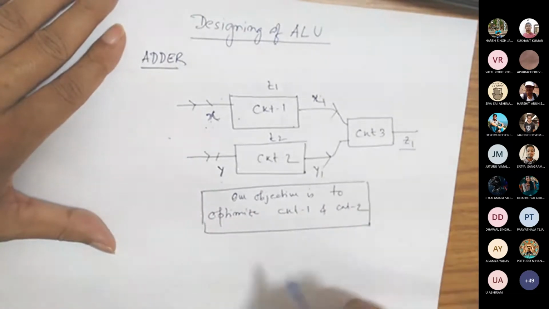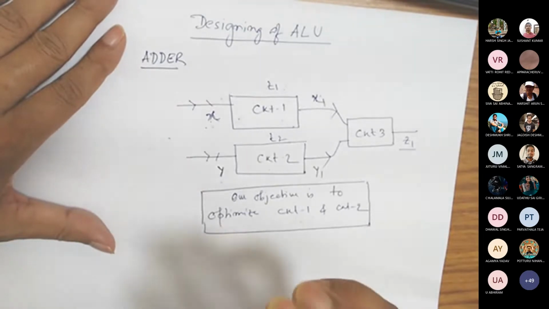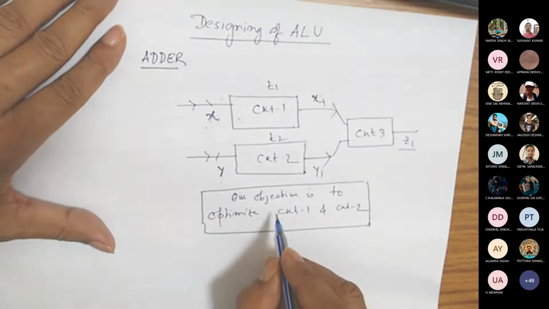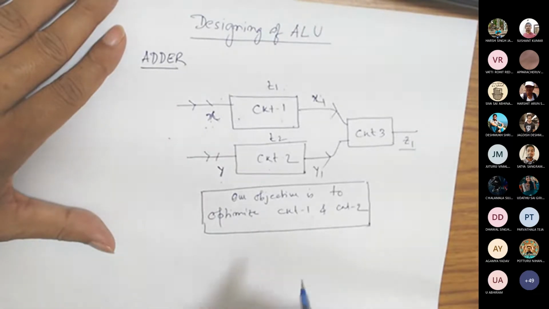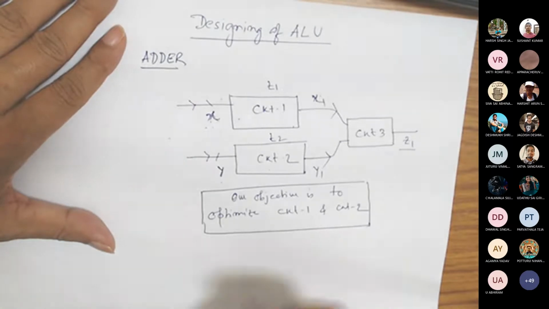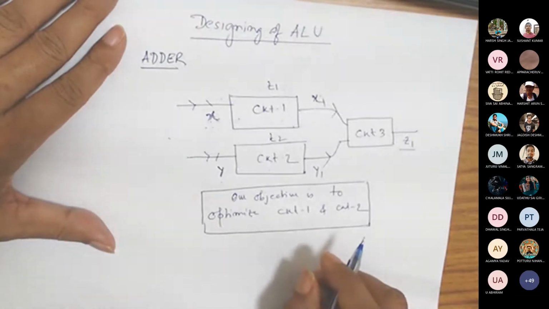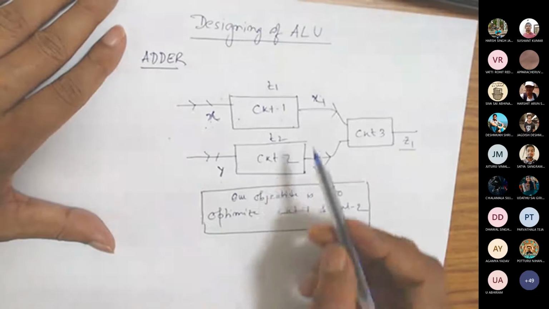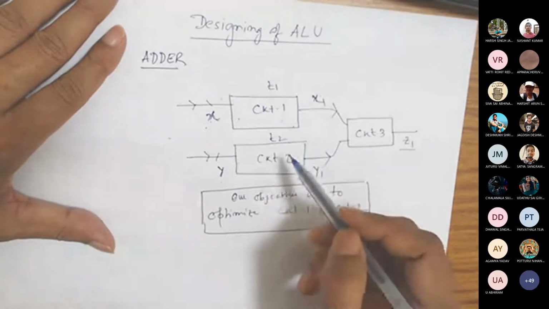In any digital circuit, once your design is correct and you know that this circuit will work, you'll have to do this part. The objective is to optimize, or minimize, circuit 1 and circuit 2. I say optimize in the sense that sometimes you cannot minimize further.